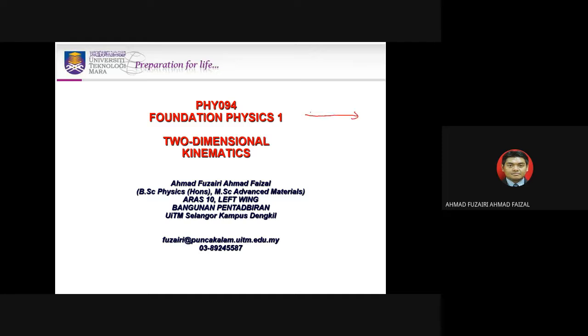Motion in one dimension is either along the x-axis or free falling. Free falling is only y. That means x and y didn't come together in one question. So x and y separately: we calculate motion in x and also motion in y. So what happens when we try to deal with two-dimensional kinematics?